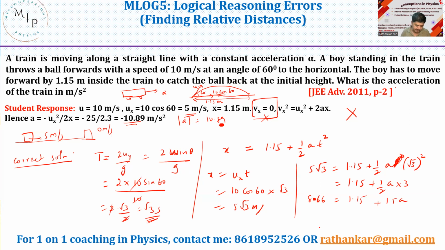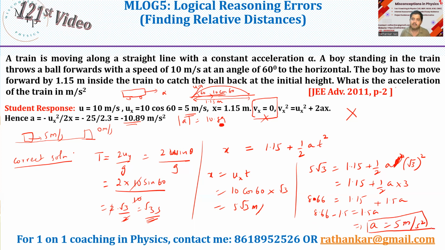Thus now I have 8.66 minus 1.15 equal to 7.51, divided by 1.5, which will be equal to 5. So a should be equal to 5 meter per second square.